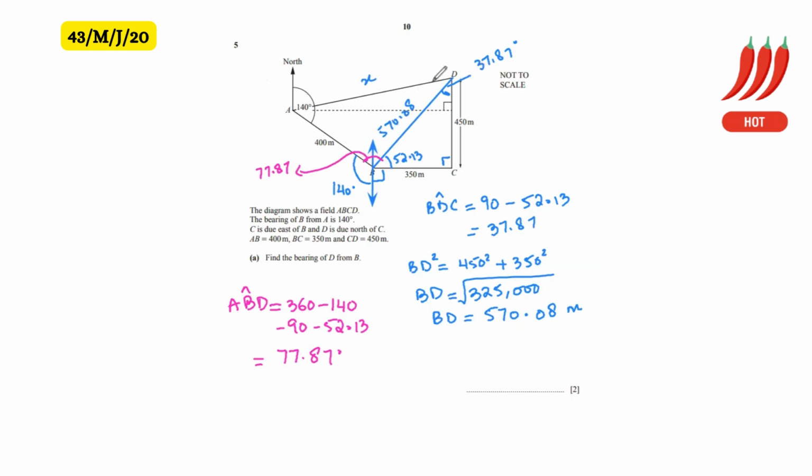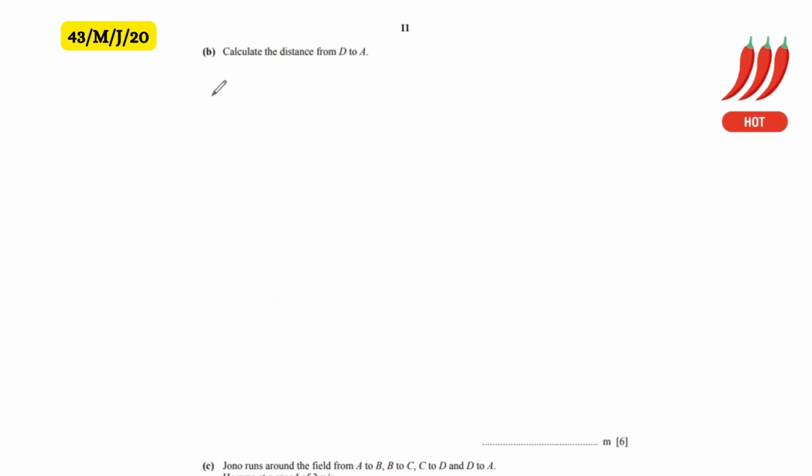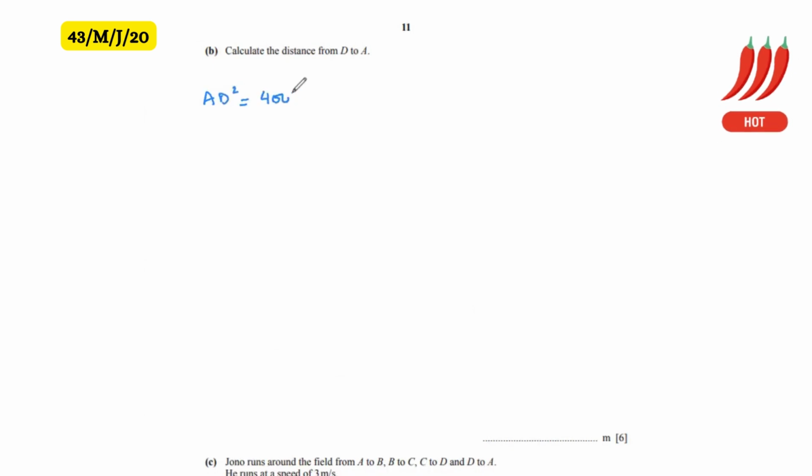So if you notice in triangle ABD, we have two lengths and the angle between them, which means to find the third length, we can easily use the cosine rule. So AD squared is going to equal 400 squared plus 570.08 squared minus 2 times 400 times 570.08 times cos of 77.87.